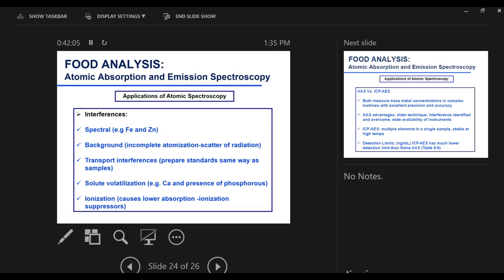This would not really get into your mist that gets volatilized into the flame, so that would cause underestimation. That's what most of you did already in the lab: you added lanthanum chloride. Lanthanum replaces calcium in the phosphate molecule, and then calcium becomes more soluble and available to be volatilized.